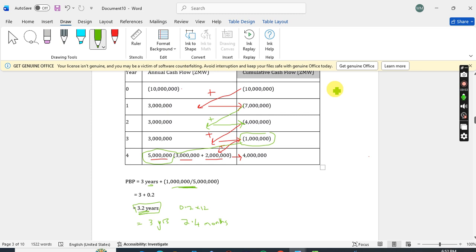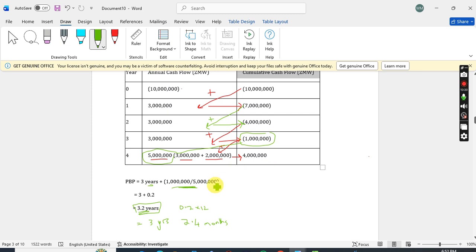So that's how you do payback period. Basically all these values, we're just adding to this 10 million. You stop where either you get a 0 or where you get a positive value, because it means there you have recouped your money. We saw this became positive here in year 4. But we want to know exactly when we actually got our money, when we broke even.